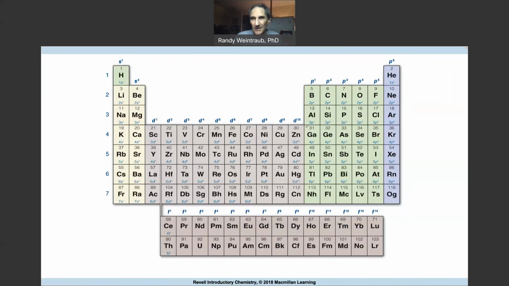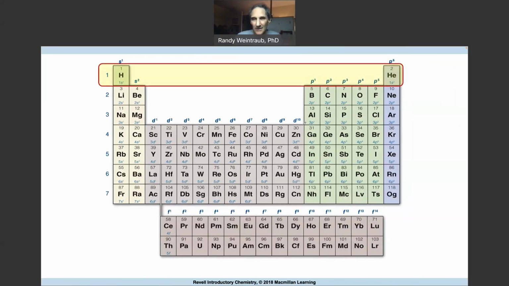The periodic table is organized based on elements' masses and properties, but it's also organized based on electronic structure. For example, in the first period, or row, we have electrons only in energy level 1.